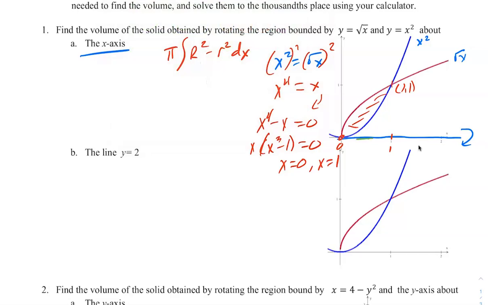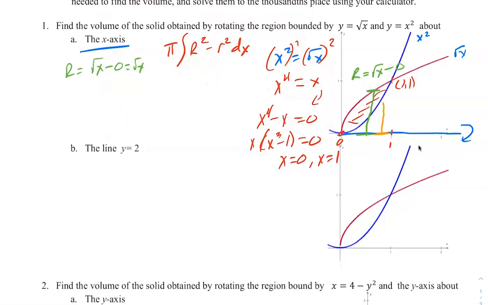So let's find our big R. We're rotating around this guy. So we go up until we hit the farthest. That'll be this. That's my big R. So that's going to be top minus bottom, radical x minus 0, which is just radical x. Little r, start here, go to the smaller one, right there.